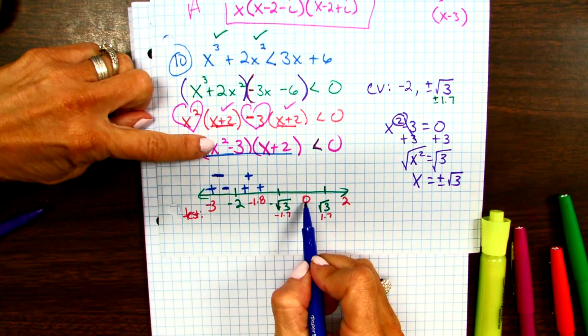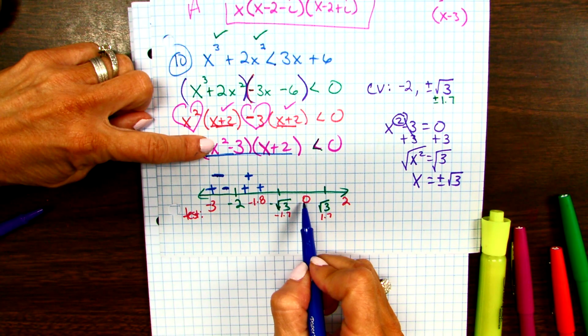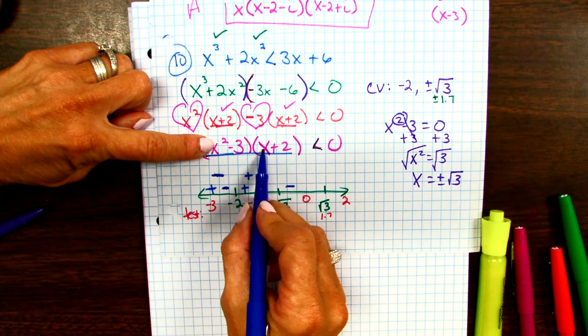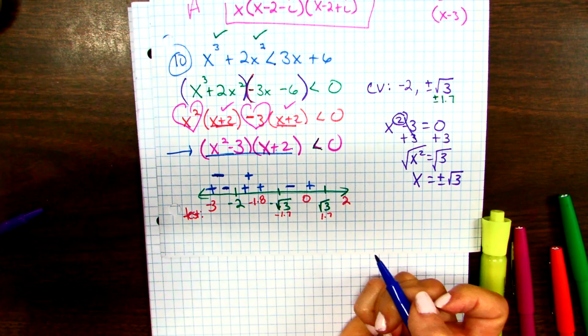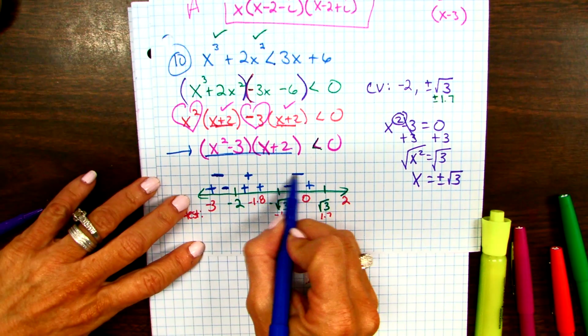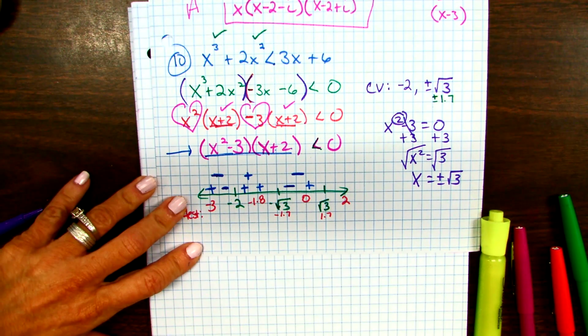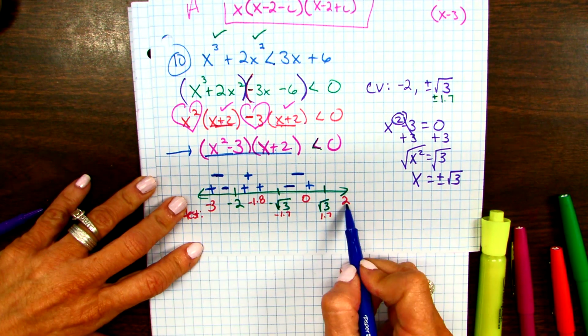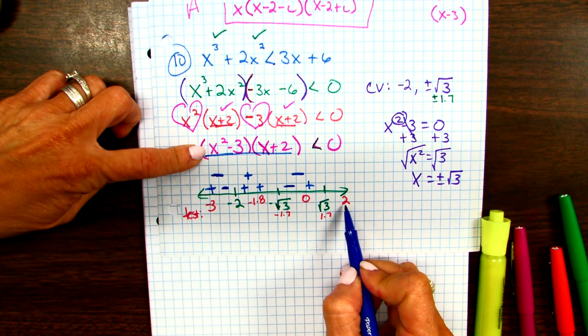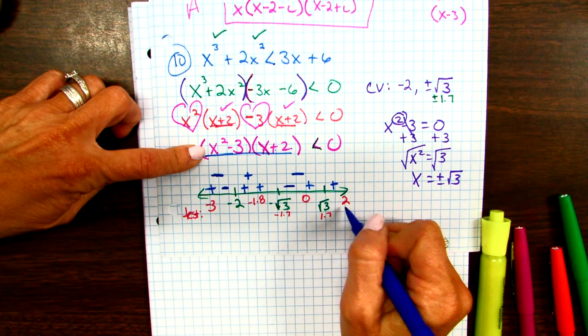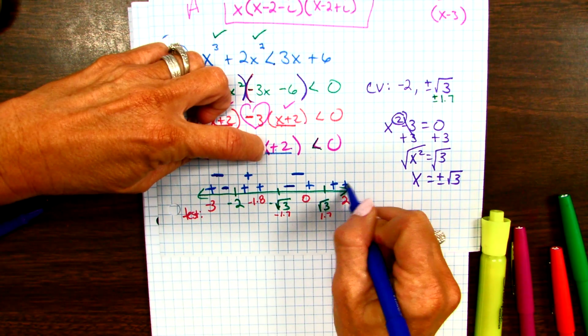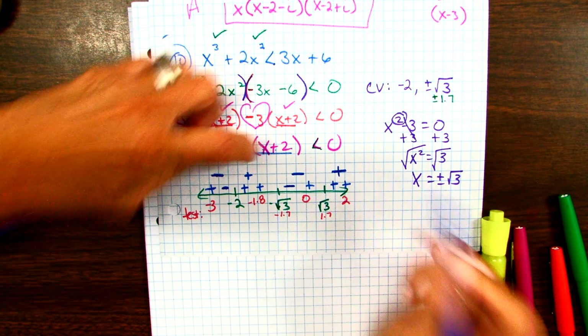Plug in a 0. 0 squared is 0, minus 3, negative. 0 plus 2, positive. Odd number of negatives, we're negative. And then finally, 2 squared is 4, 4 minus 3 is 1, that's positive. 2 plus 2 is 4, positive, so we get a positive.